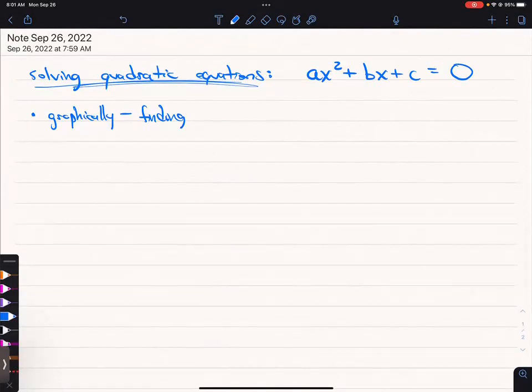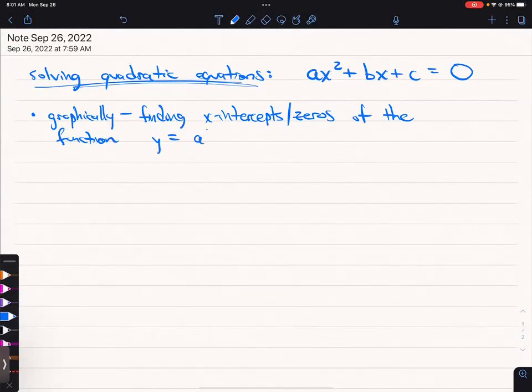Graphically, that would mean finding x-intercepts, or again, we'll also call those zeros of the function y equals ax squared plus bx plus c.